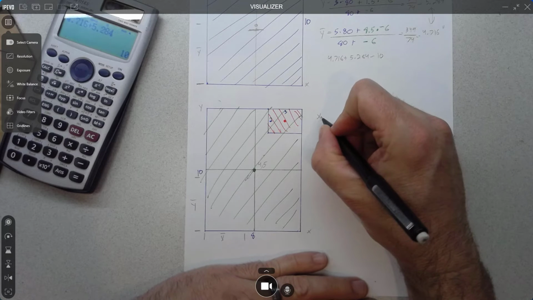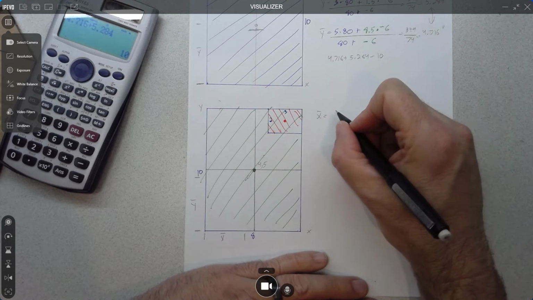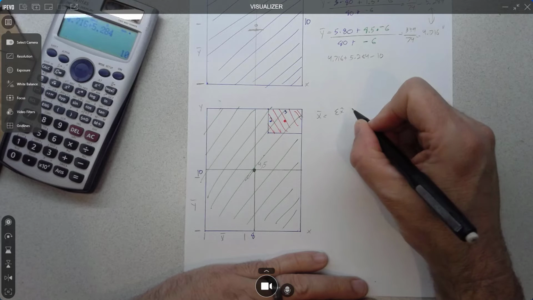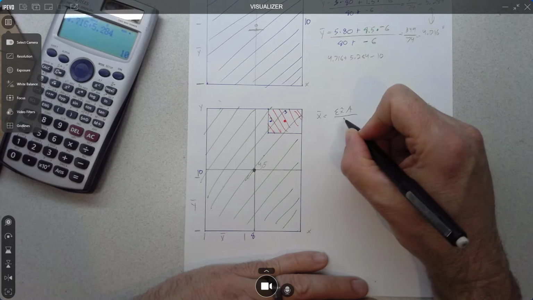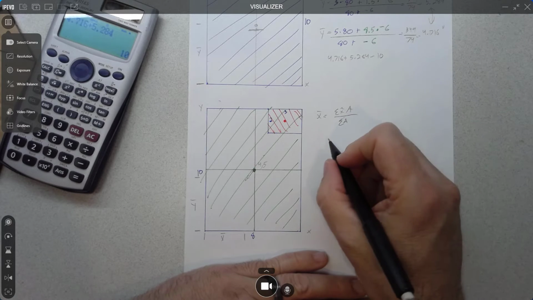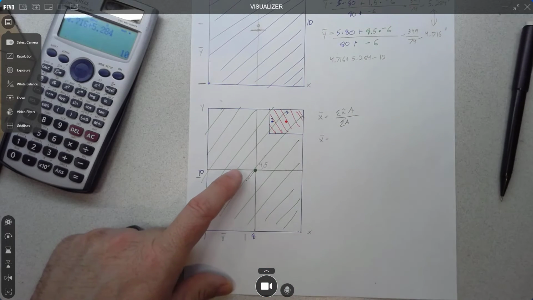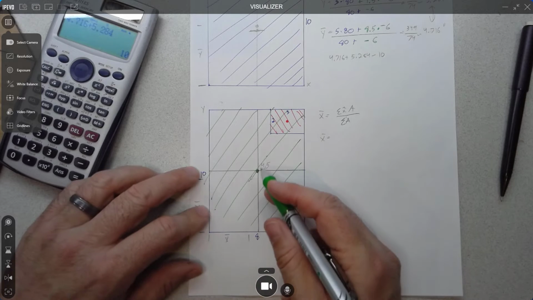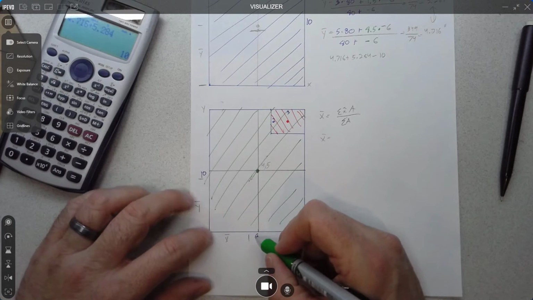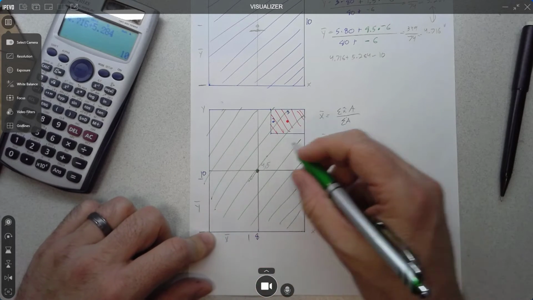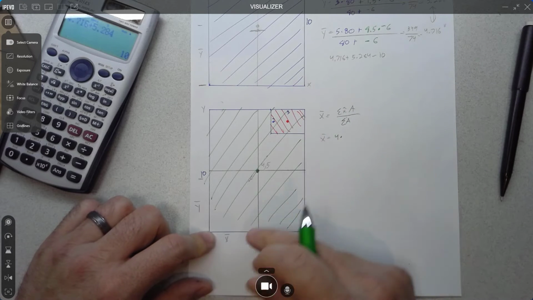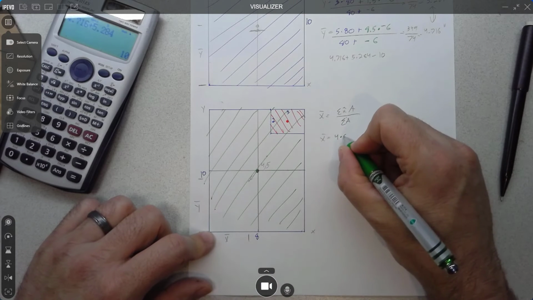So let's start figuring out what we put in. For x bar, it's going to be equal to the sum of each individual x times its area over the sum of the areas. So let's do the big green area first. In the x direction, the big green area is a distance of 4. So 4 times its area, which we've done a lot of times, is 80.